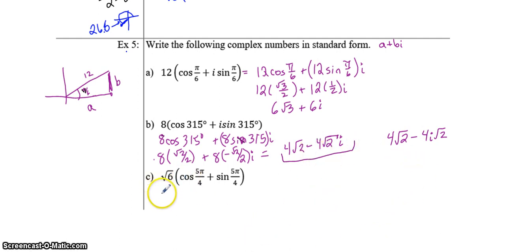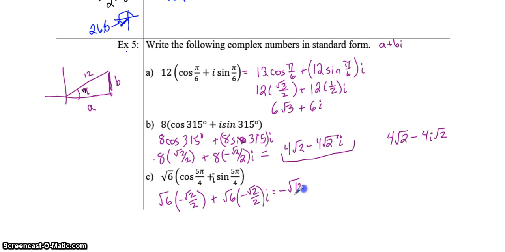Here, same thing. So cosine of 5 pi over 4, reference is pi over 4, quadrant 3. Oops, I missed an i, an i for an i. So square root of 6 times negative square root of 2 over 2 plus square root of 6 times the negative square root of 2 over 2 i.